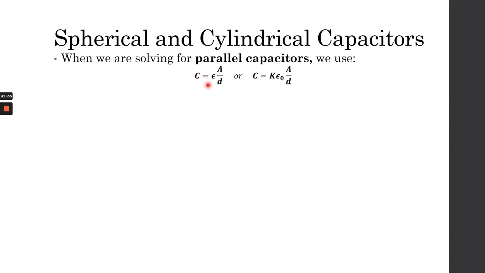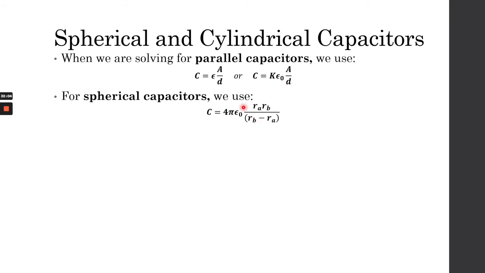The capacitance is equal to the permittivity of your dielectric multiplied by the area of your plate divided by the distance between the two plates, or the capacitance is equal to the dielectric constant of your material multiplied by the permittivity of free space, or the permittivity of air or vacuum, multiplied by the area of one of your plates divided by the distance between the two plates. To solve for spherical capacitors, we will use this equation.